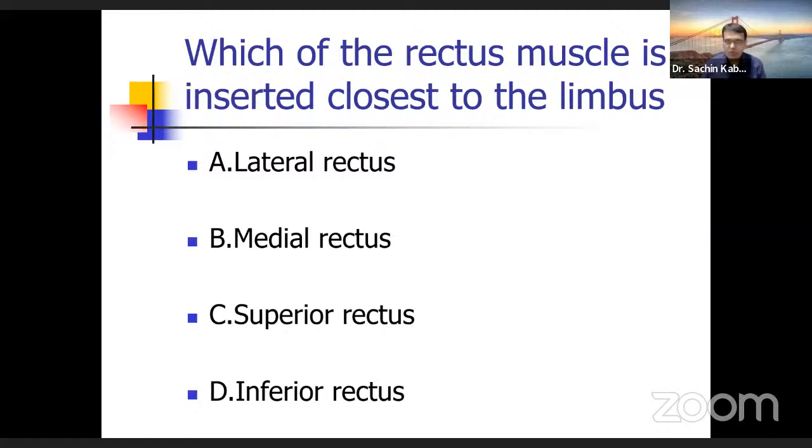Which one of the following is closest to the limbus? Last 4 seconds remaining. Okay, the answer was very simple. The answer is medial rectus. Let's move on to the next one.